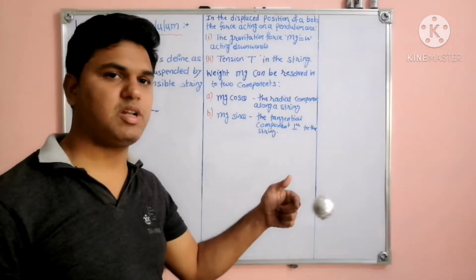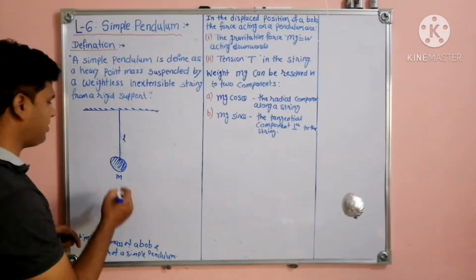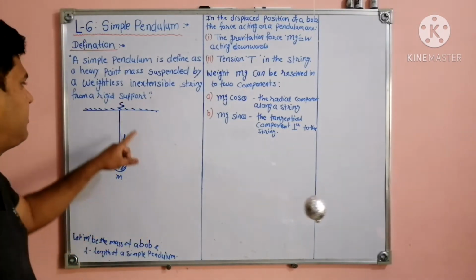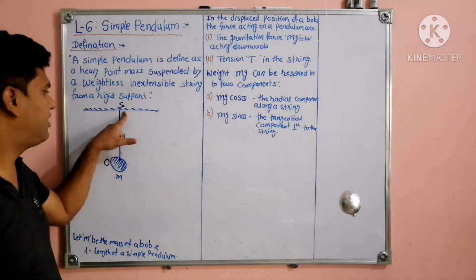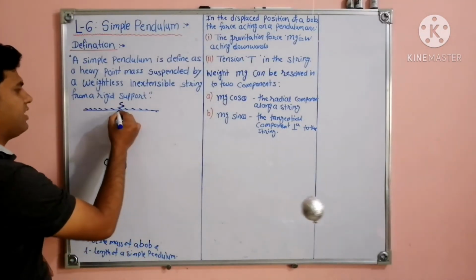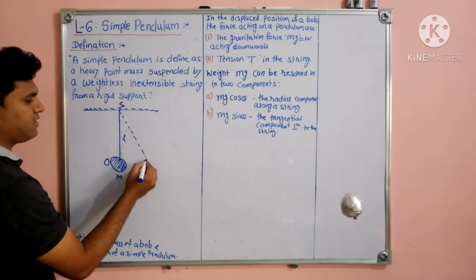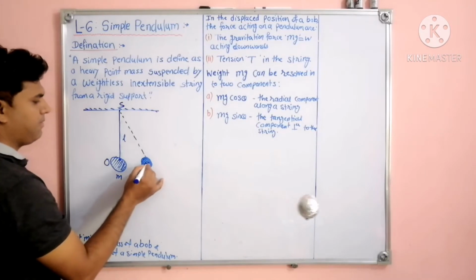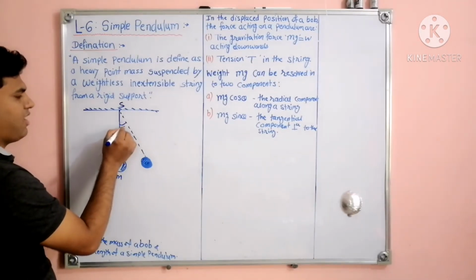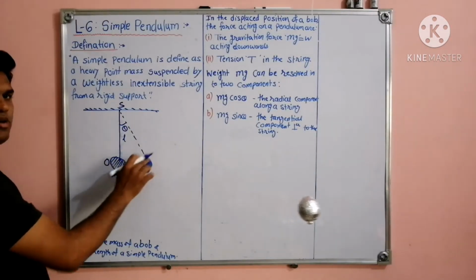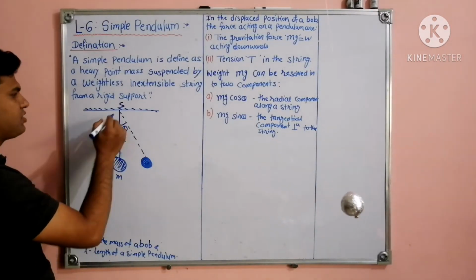This is the mean position, which is considered as O. This is the point where it is suspended. So we can draw this displaced position here. Displaced through a small angle theta, it starts to oscillate along its mean position.